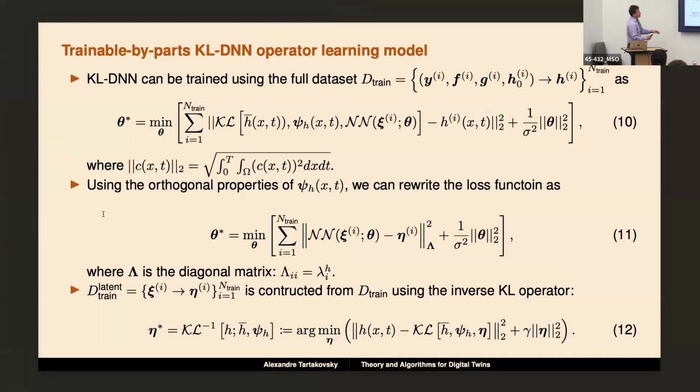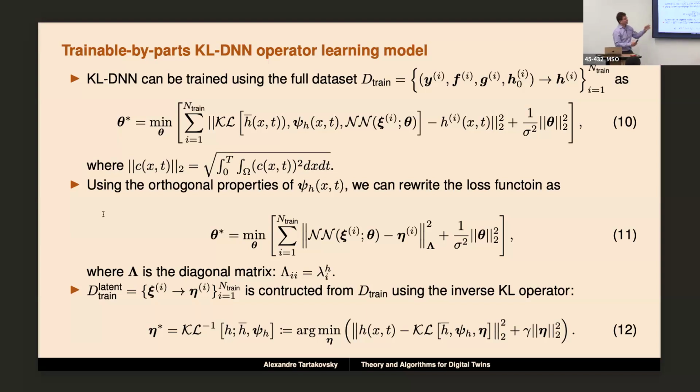Essentially, how we compute, for example, the etas: we fit the KL expansion of H to each sample from the full training data set, and it gives us the values of the corresponding coefficients. And then we can compute the parameters in the KL expansions by applying a similar inverse KL operator to each of the control variables in the full data set.